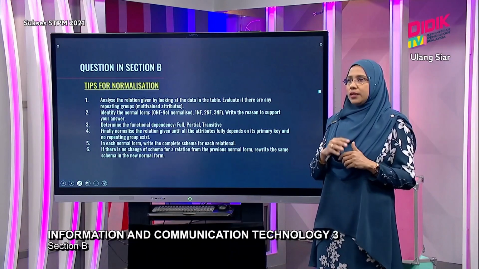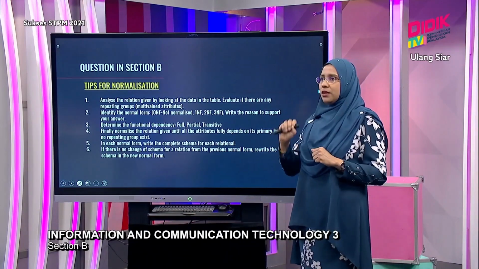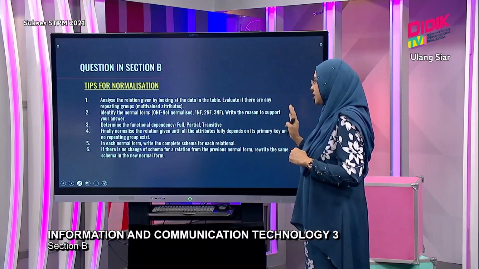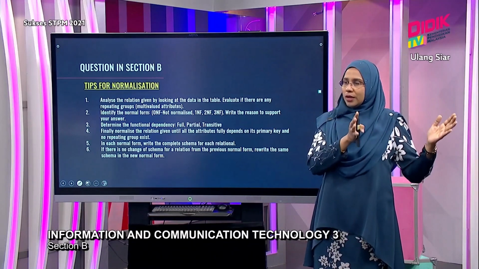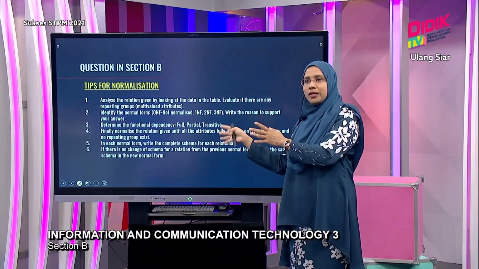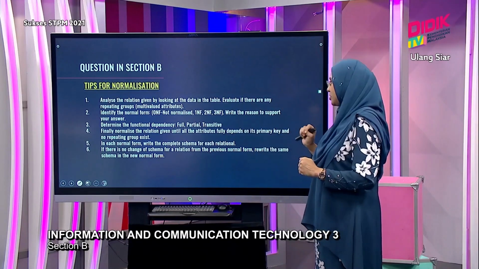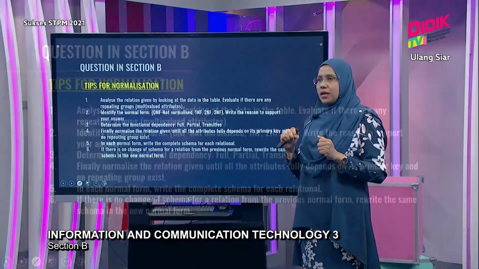And then the third step, determine the functional dependency. There are three types of functional dependency: full, partial, and transitive. Functional dependency means you have to write the primary key, followed by an arrow, followed by the attributes. And then step number 4, normalization.